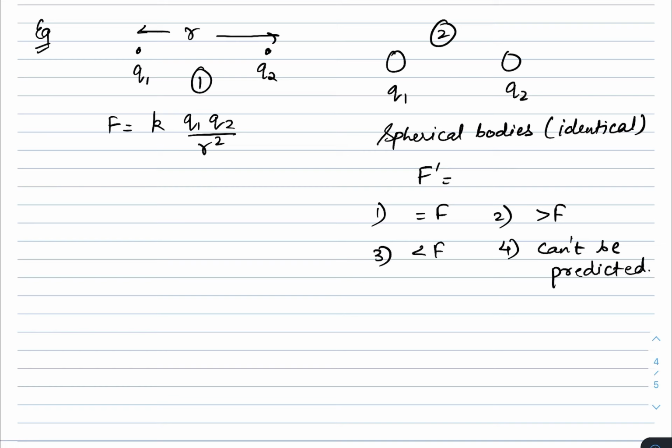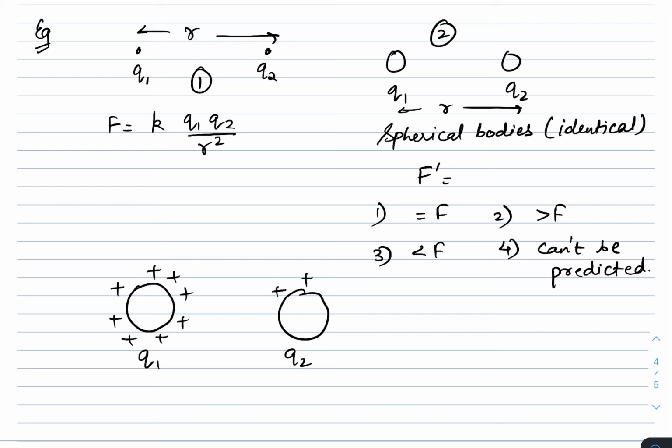Right? So these are bigger spheres as compared to point size. So it is sure that we cannot apply Coulomb's law in the second case because the bodies are not point in nature. Rather, what we can do is get an idea if the force is greater or smaller than the previous case. Say this q1 and q2 are both positively charged.